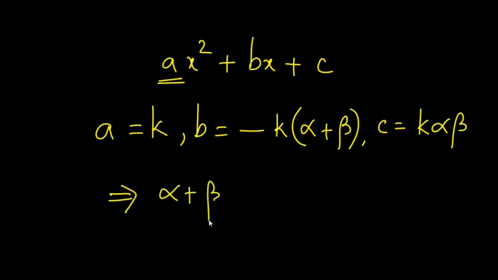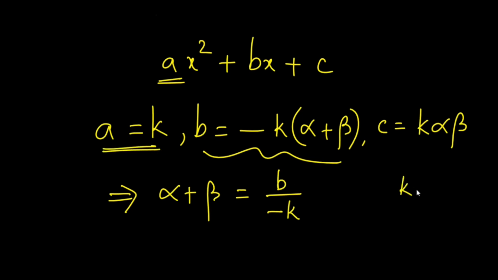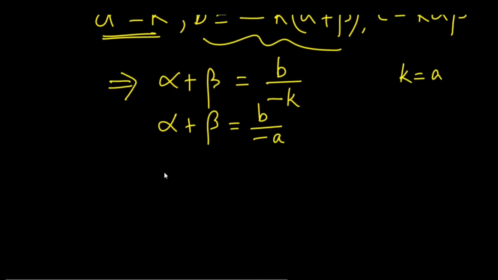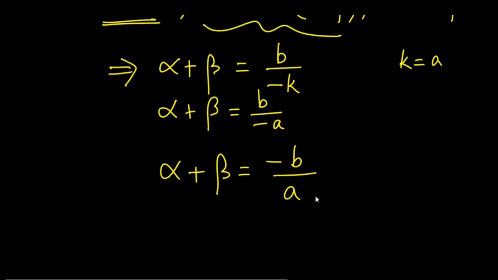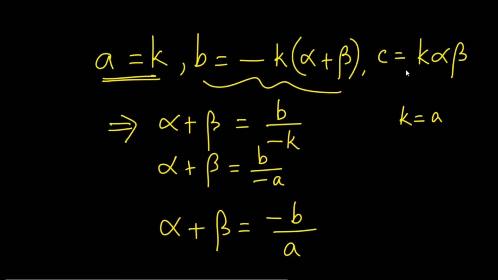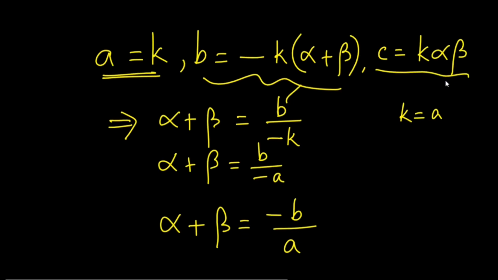Alpha plus beta, from here alpha plus beta is equal to b by minus k. Here k is equal to a. So alpha plus beta is equal to b by minus a. This can be written as alpha plus beta is equal to minus b by a. And here we have c is equal to k alpha beta.